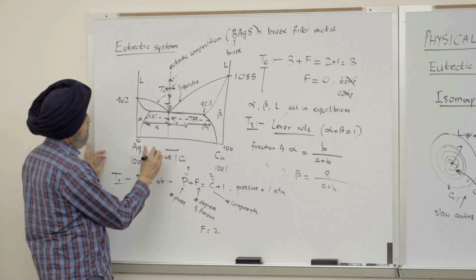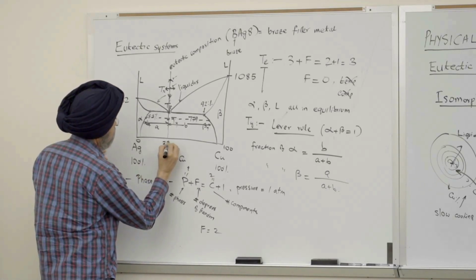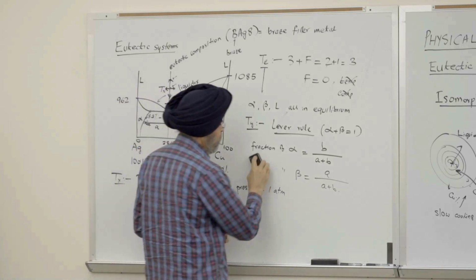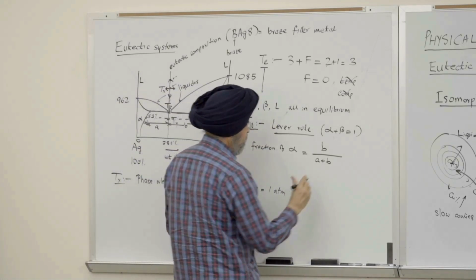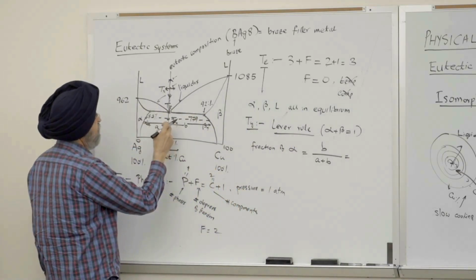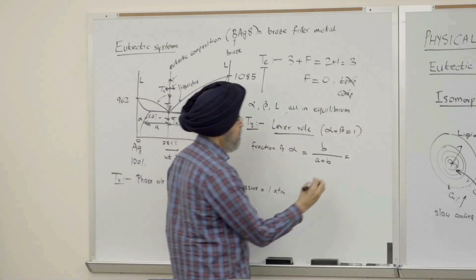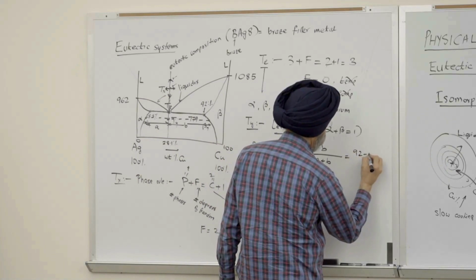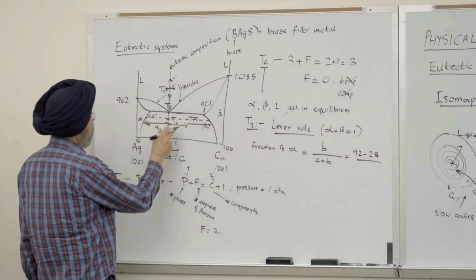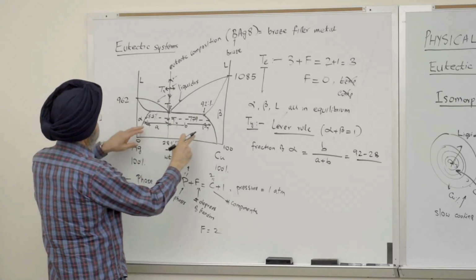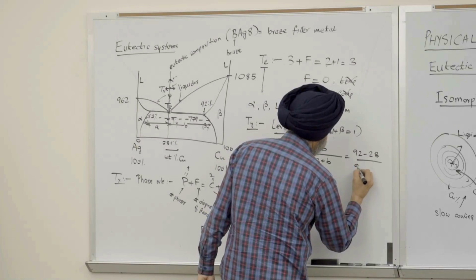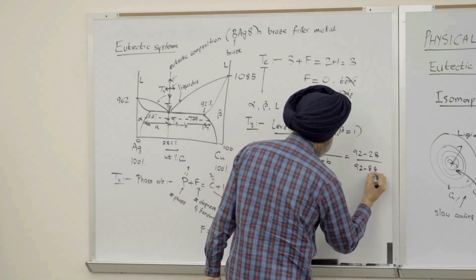So this composition is 28.1%. Let's approximate how much alpha we have. So B will be approximately 92 minus 28. And A plus B is actually from 92 to 8.8, so 92 minus 8.8.